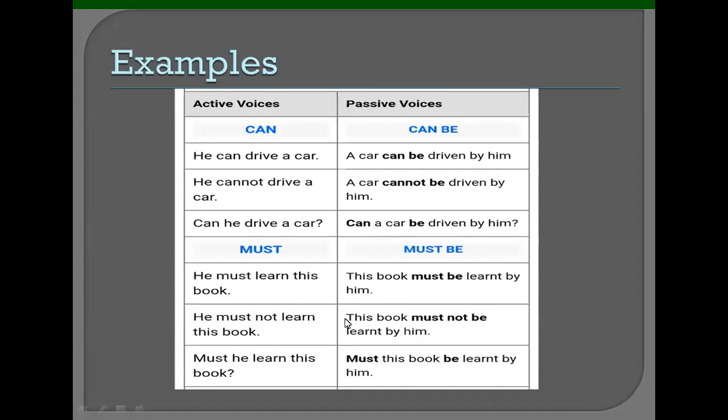Then we are going to see must. What is there? He must learn this book. This book must be learned by him. Second, he must not learn this book. Passive is: this book must not be learned by him.